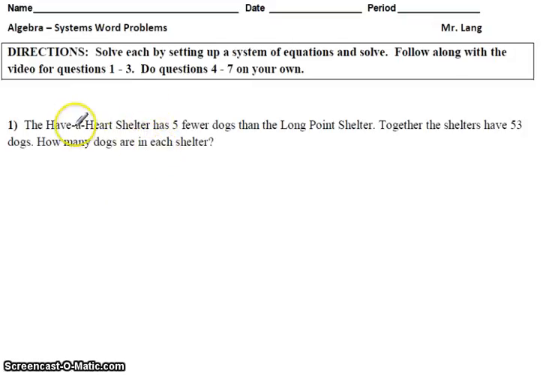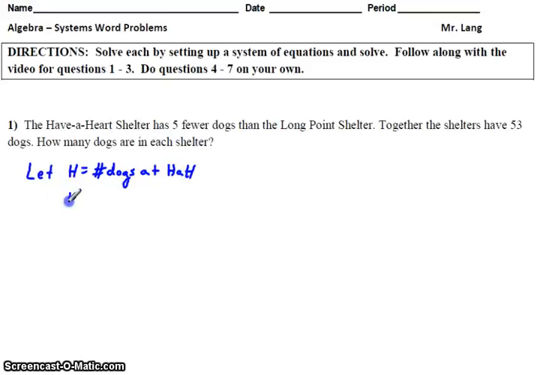So we have 2 different shelters, the Have a Heart and the Long Point shelter. So for the Have a Heart shelter, I'm going to say H. So I'm going to say let H equal the number of dogs at the Have a Heart. And I'm going to abbreviate Have a Heart to H-A-H. So it's the number of dogs at Have a Heart shelter, and then the number of dogs at Long Point.